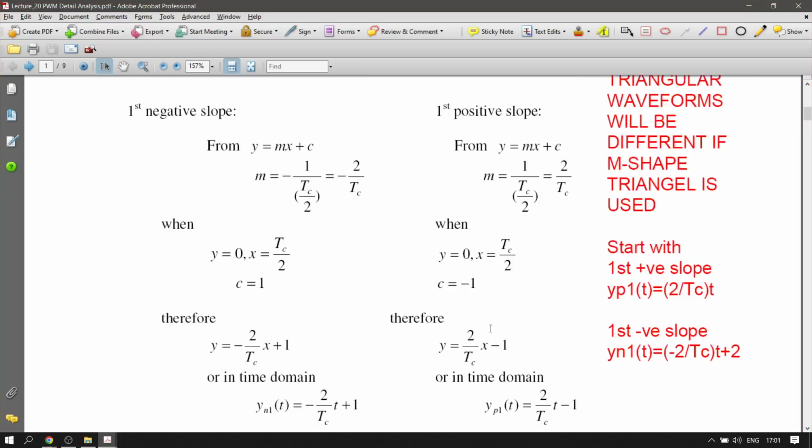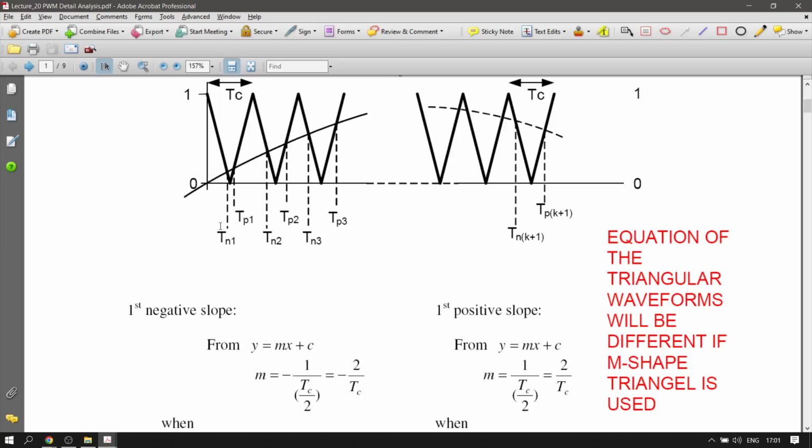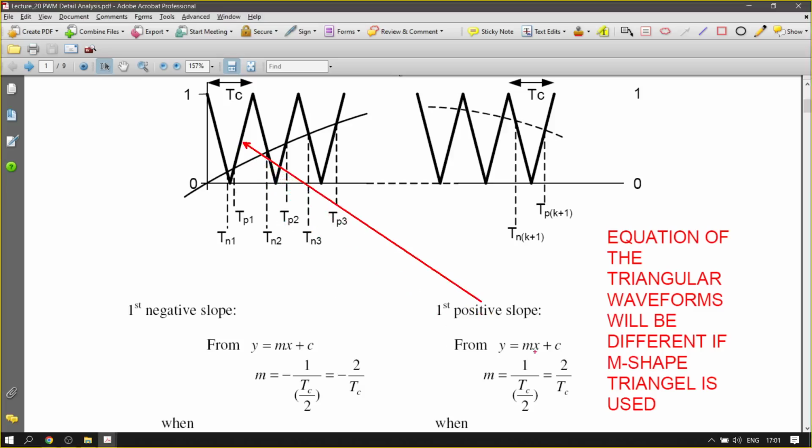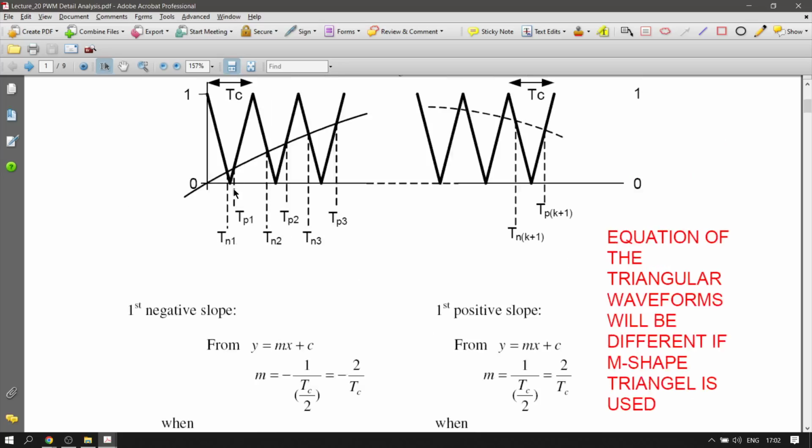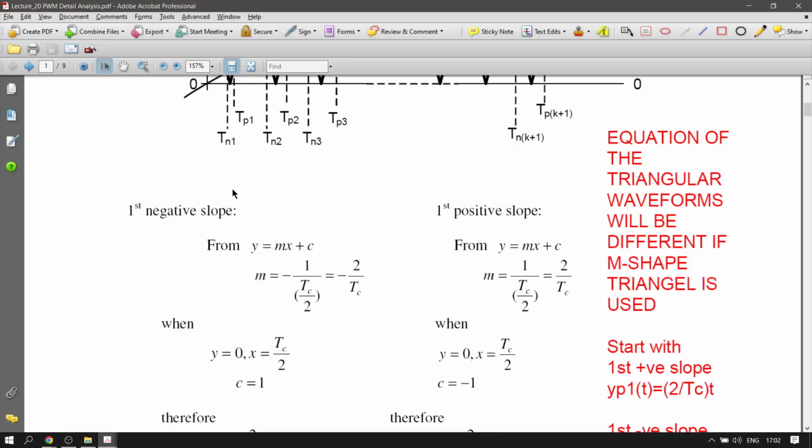And then we proceed with the first positive slope. So this is a positive slope, y equals mx plus c. Same thing. If you measure carefully, you will get m equals 1 over TC over 2. Then, using the same point there, you complete the equation.